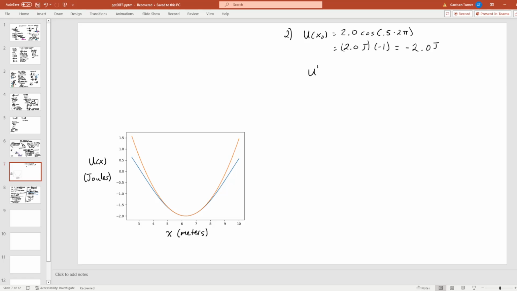Now let's evaluate the first order derivative at x naught. We're going to do this one explicitly, but I'll tell you the general result that should always happen with this particular term. This is going to be negative 2.0 joules. Hang on, let's make sure we got this right.